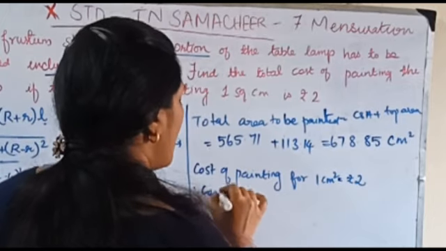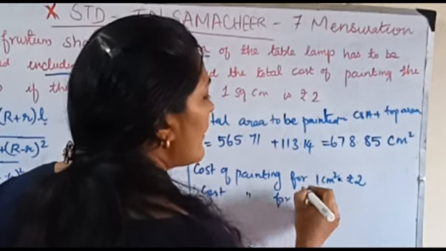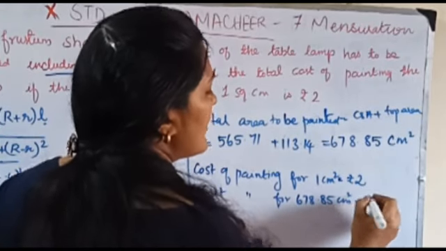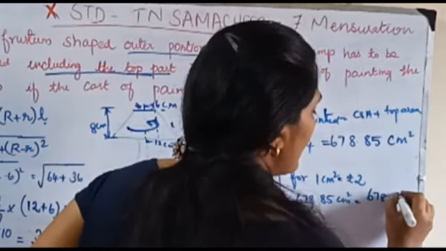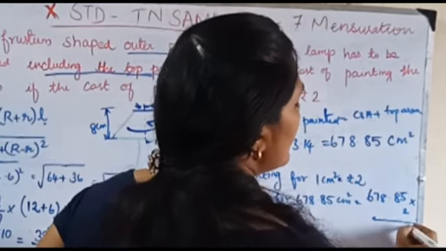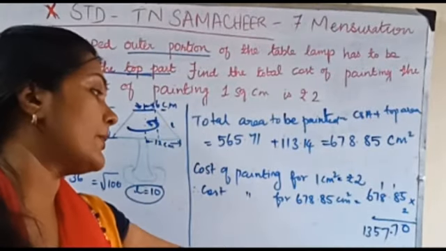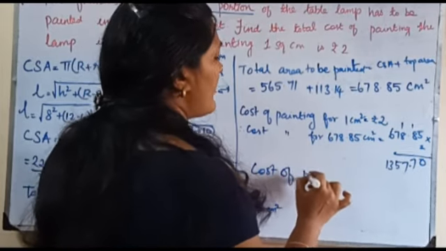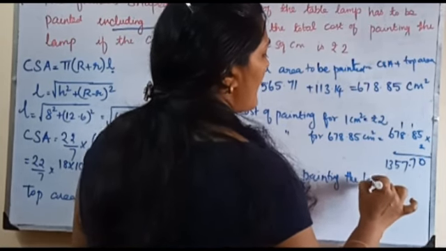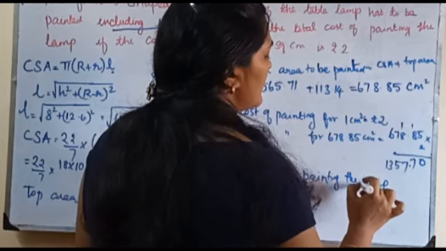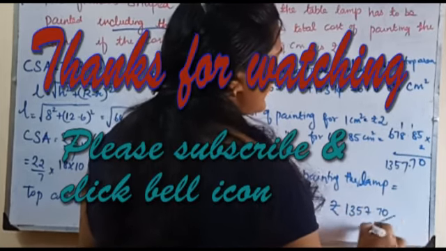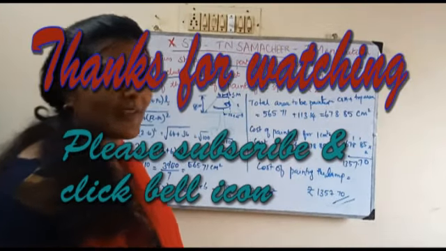Therefore, cost of painting for 678.85 centimeter square is equal to 678.85 into 2. So the answer will be 1357.70. Cost of painting the lamp is equal to rupees 1357.70. Hope you understand. Thank you.